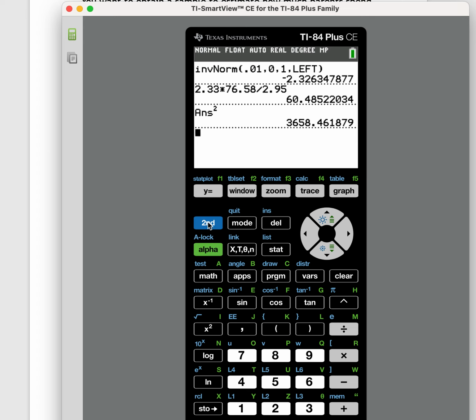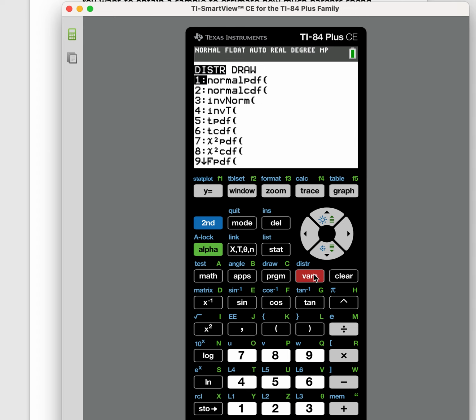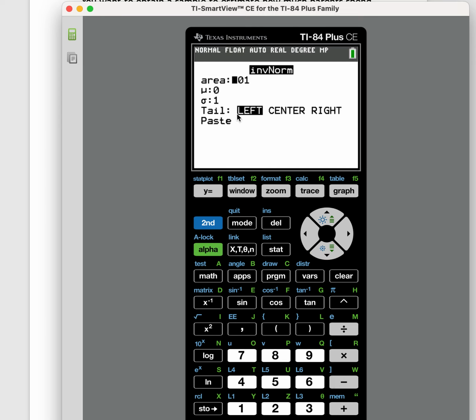So I'm going to hit second vars, and then I'm going to choose inverse norm. I'm going to put in that my area is 0.01. Because this is standardized and we're looking for z's, not x's, I'm using 0 and 1. And then I'm going to push enter.